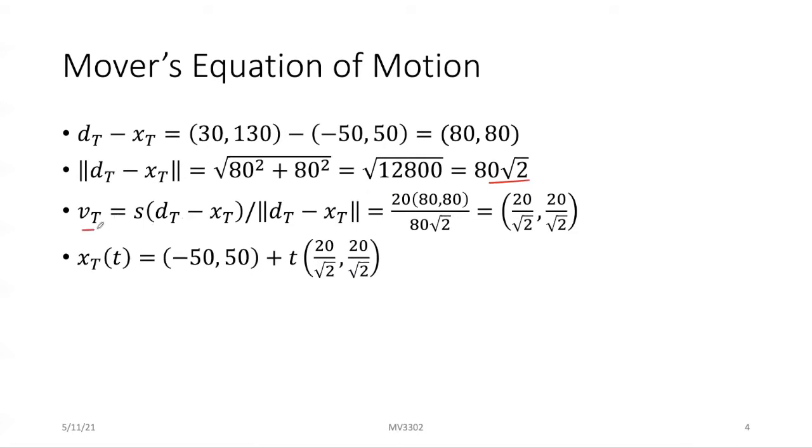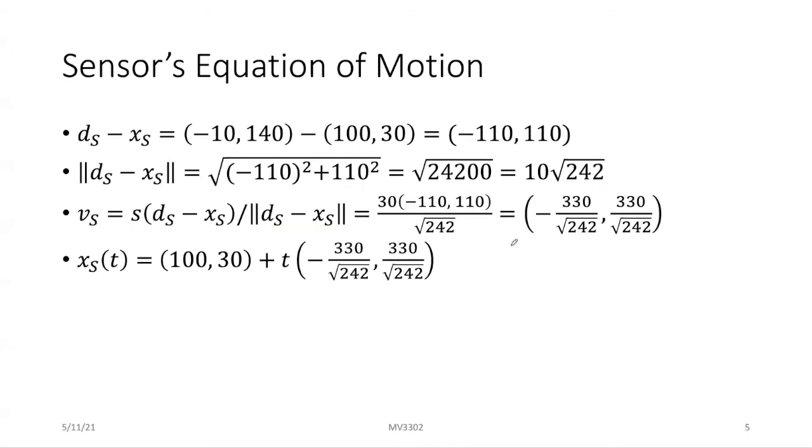The velocity is going to be the speed times the vector turned into a unit vector. Okay, so here's the (80, 80). The speed is 20. And then we divide by the norm. And so we get (20/√2, 20/√2).